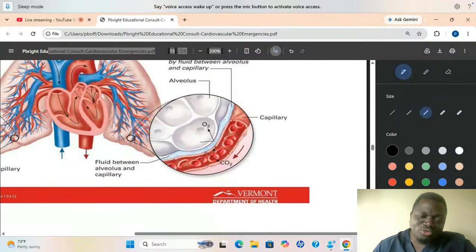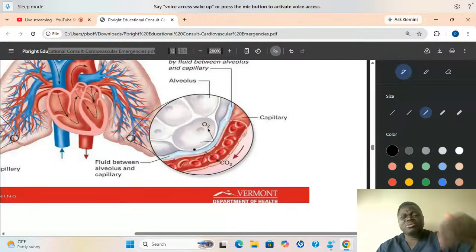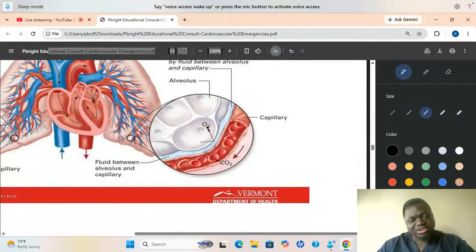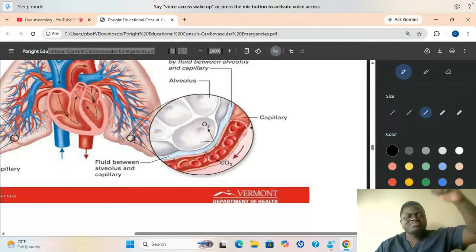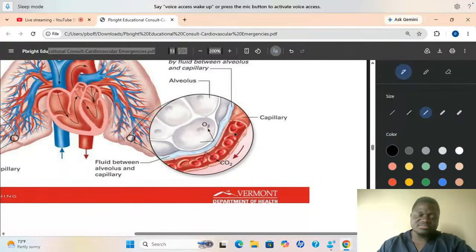How can oxygen cross this water to this place? So the patient will be building carbon dioxide, but the oxygen is not crossing. The carbon dioxide in the bloodstream will become big, and that patient will have acidosis, respiratory acidosis.